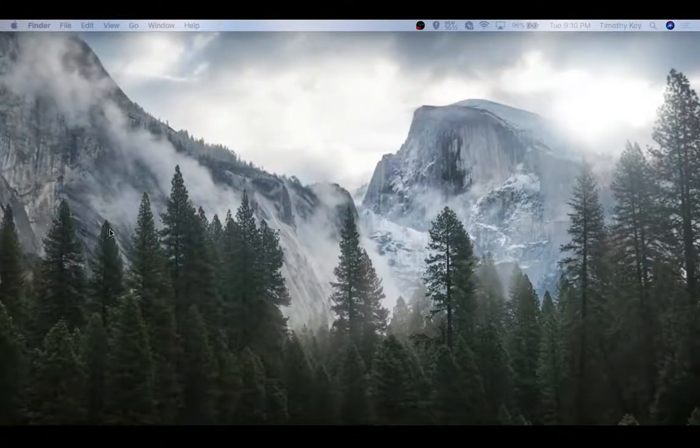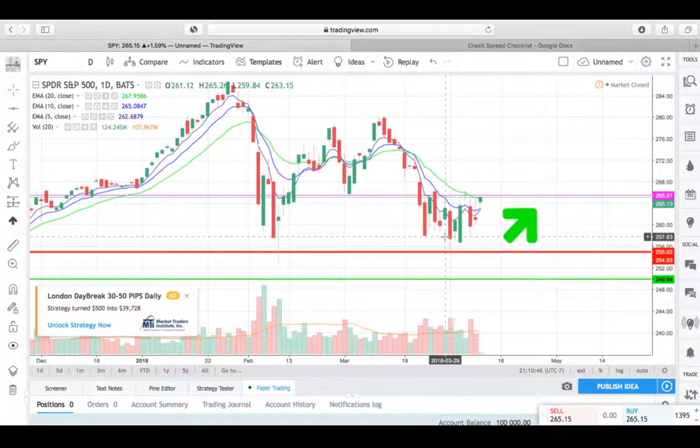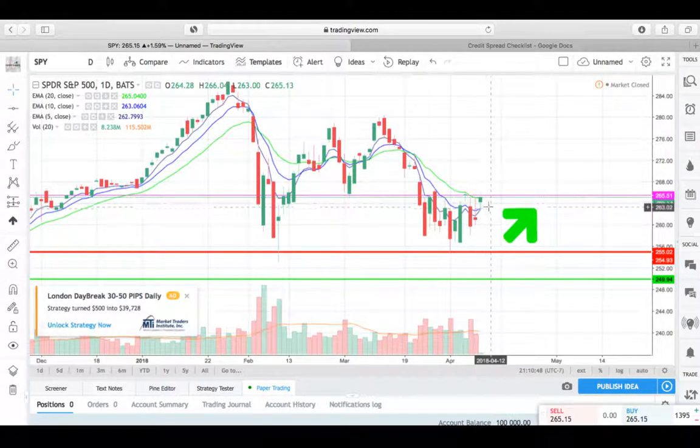But let me take you into an example here inside of the SPY. So let's say it's been going up, came down, went up, came down, went up, came down, and it's right here.